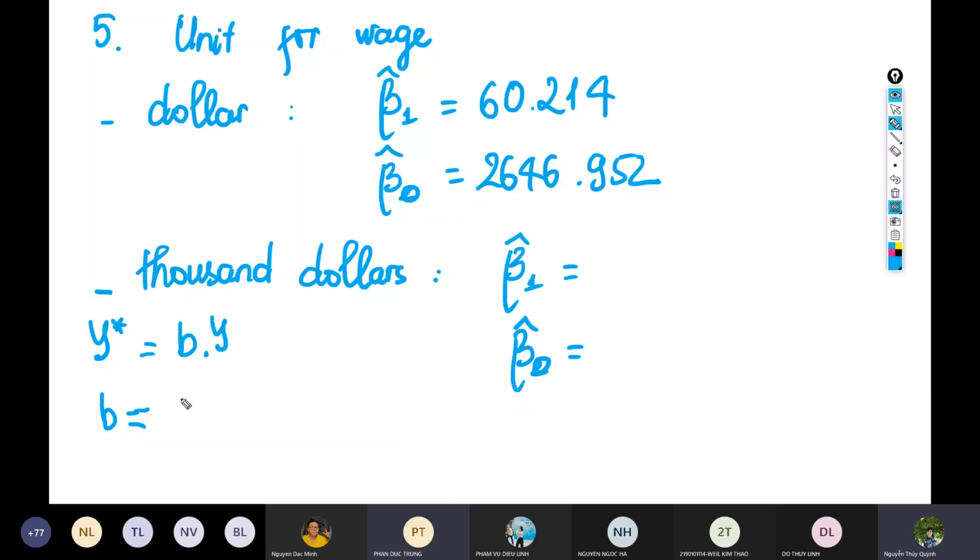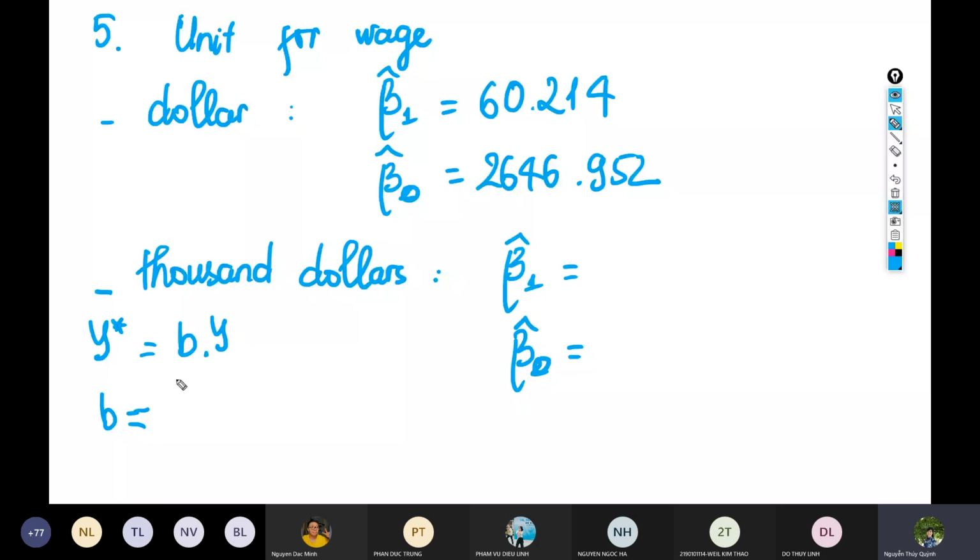For example, we have the wage for a worker. We have an observation that is, for example, $3,000. If we use the dollar as the unit for wage, that observation will have the value of 3,000.